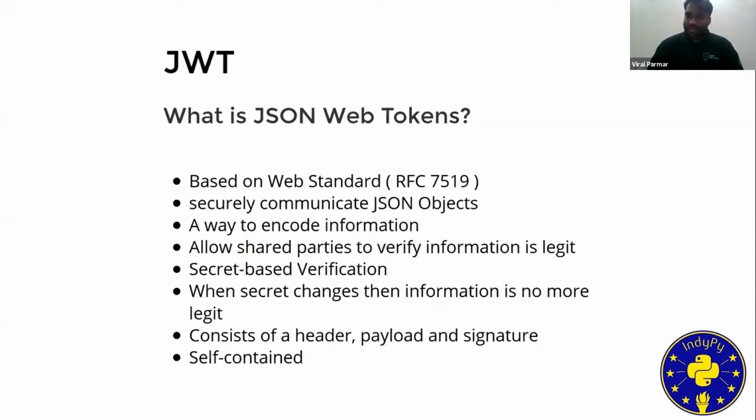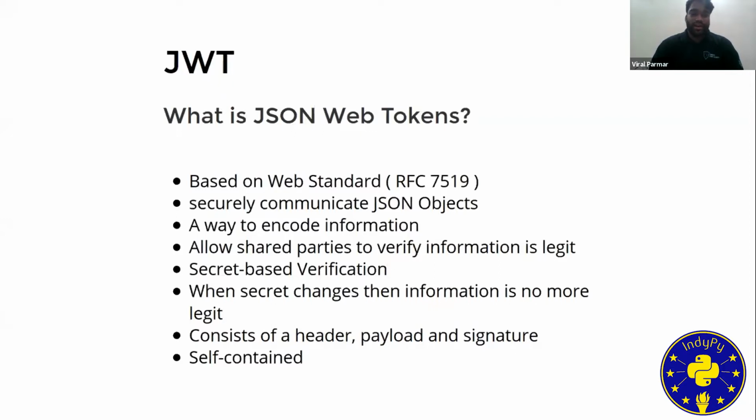It is based on the web standard RFC 7519, which is commonly used for securing data, JSON objects, while sending data from a website to a web server. These JSON objects, which are very common in web applications today, have to be secured. It is in encoded form, which is why it is more secure.